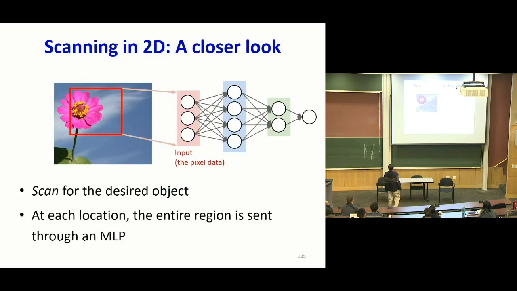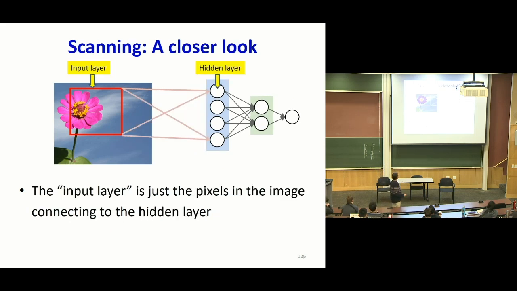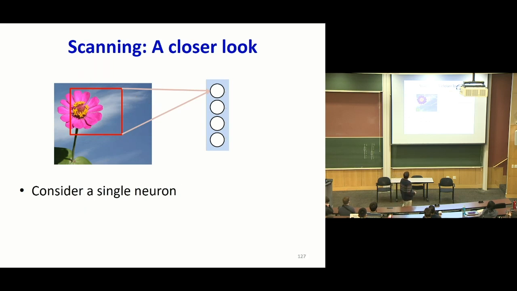I can do the same thing for flowers. So here I want to scan the image for the desired output. And at each location, what we are doing is slicing out that image and putting it through an entire MLP. And so this is what the operation is going to look like. You have the inputs, and then you have one hidden layer, another hidden layer, and then finally the output.